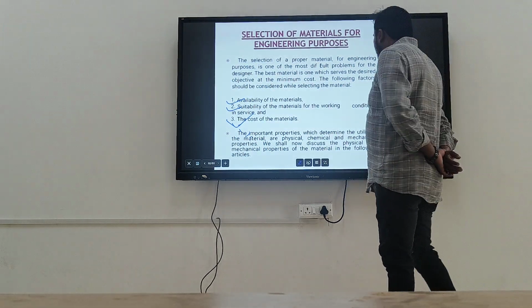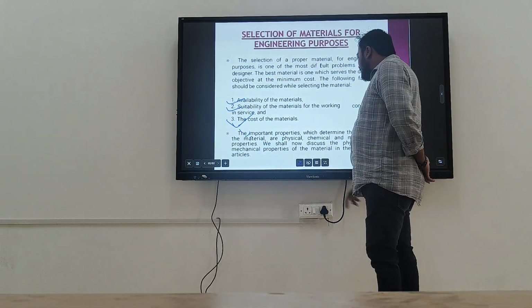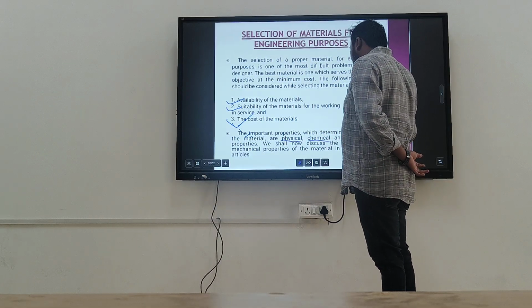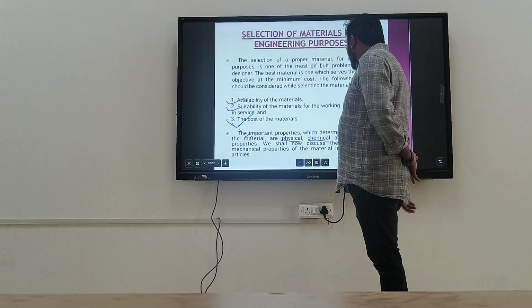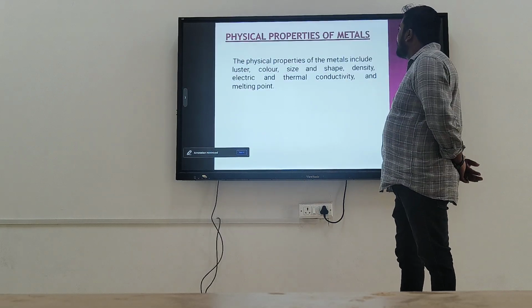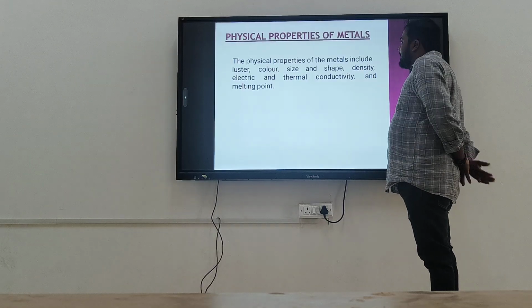The important properties which determine the utility of the metal are physical, chemical, and mechanical properties. We shall now discuss the physical and mechanical properties. Physical properties of the metals. What is a physical property?